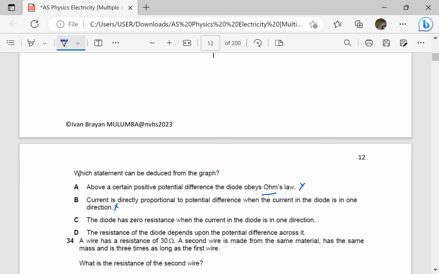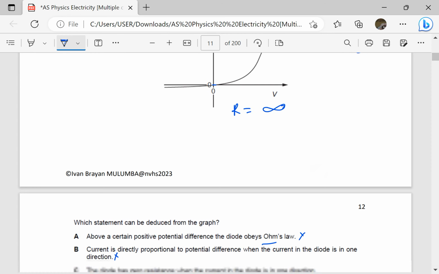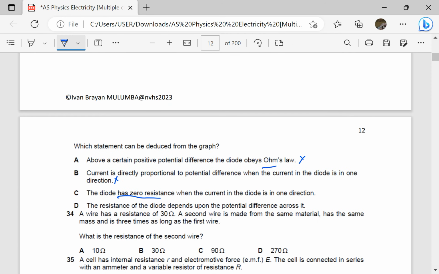The diode has zero resistance when the current in the diode is in one direction. Zero resistance. Here, when you see that there's almost no current for negative values, it means the resistance is equal to infinity. So that is not true. The resistance of the diode depends upon the potential difference across it.